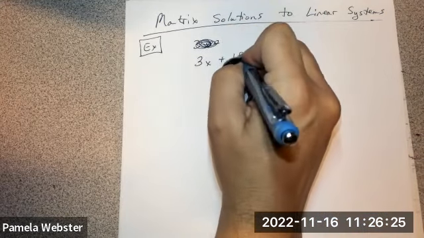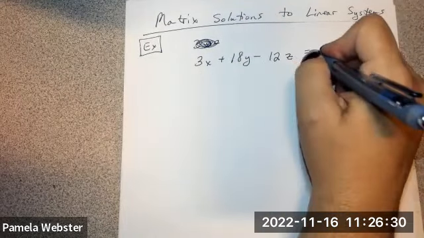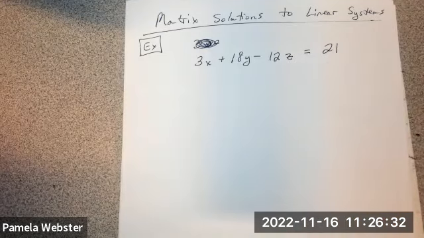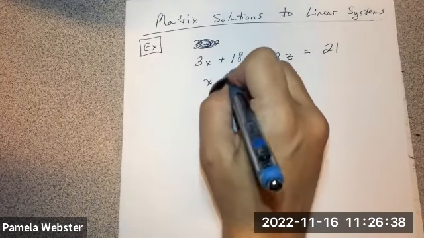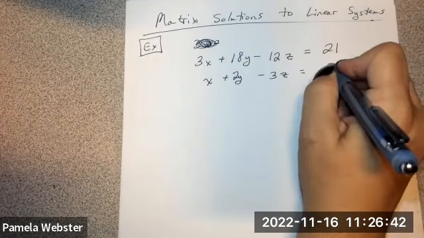3x plus 18y minus 12z equals 21. Okay, that's my third variable in there, the 12z. X plus 2y minus 3z equals 5.